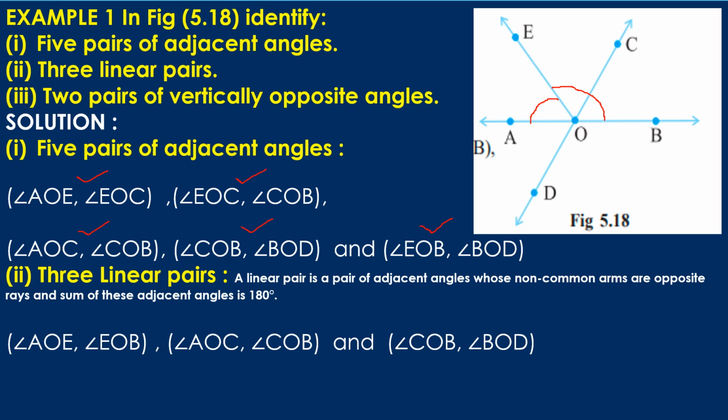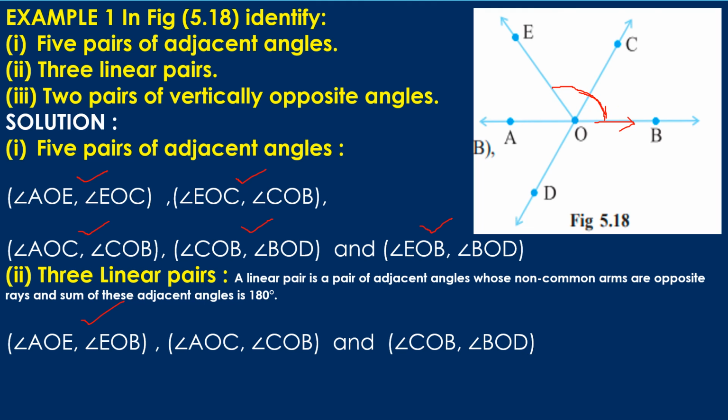These two are a linear pair of adjacent angles because here we have two non-common arms that are opposite rays, and the sum is equal to 180 degrees. So this is a linear pair.